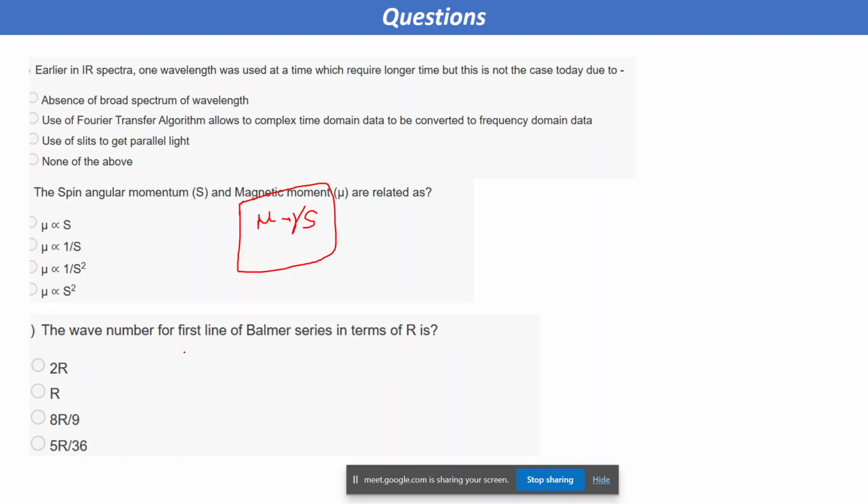Then how can you find the wave number for the first line of the Balmer series? First line means you're talking of the alpha line. So wave number is given by nu equals R into Z squared into 1 upon n1 square minus 1 upon n2 square.